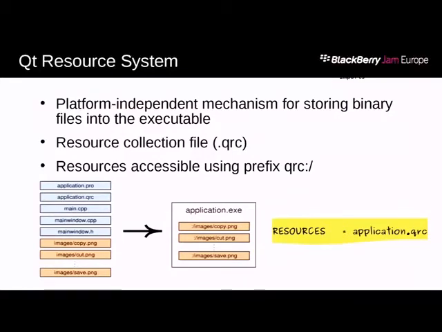And one thing I forgot to mention is that resources compiled into the executable can be accessed using this prefix here, the qrc prefix. And of course, you have to add the resource collection file to your project file. So that's what we want to do now for our application.